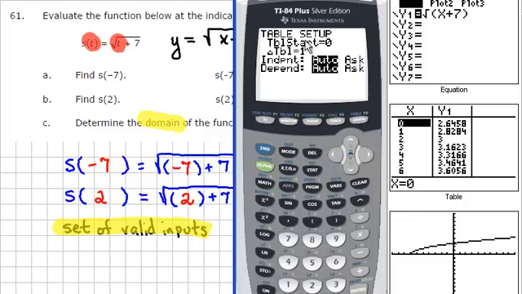So change table start to -10 and then increment by 1. Once the table is set up, view the table by going to second graph, which is table.